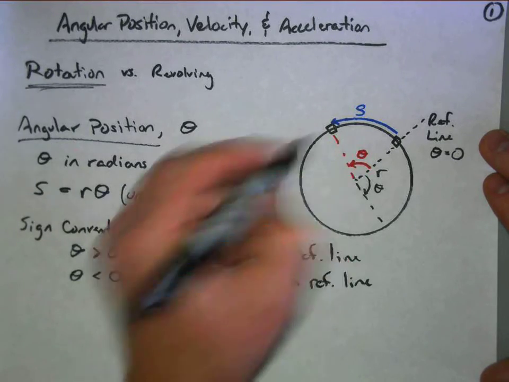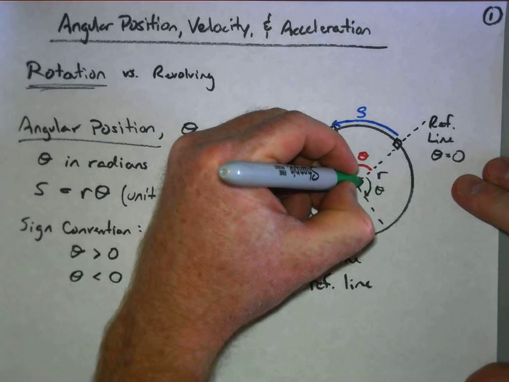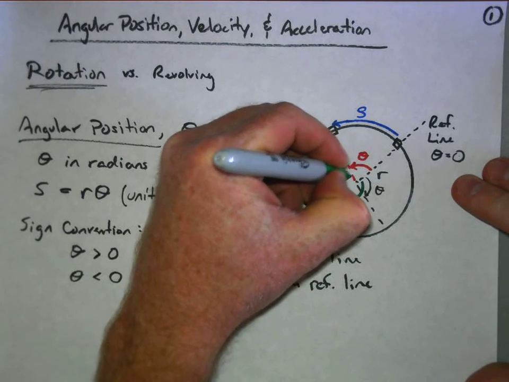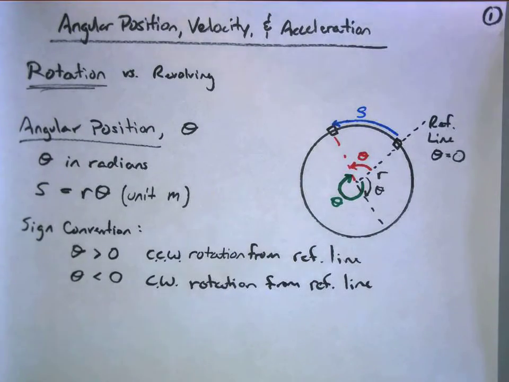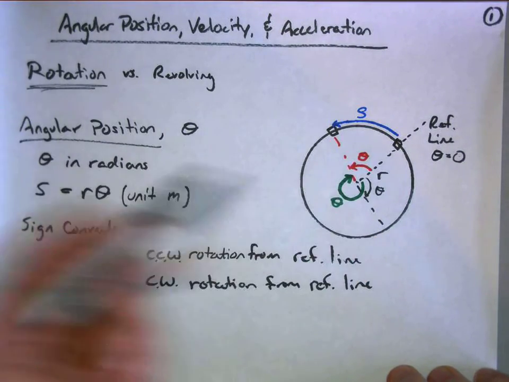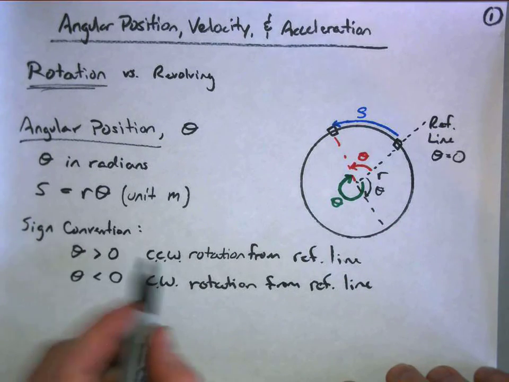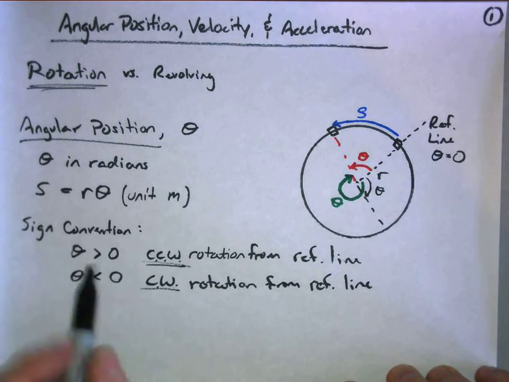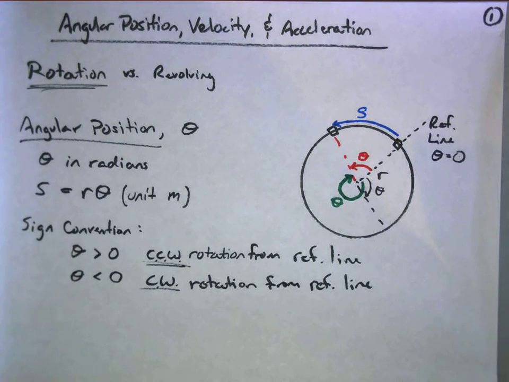But if it was rotating this way and ended up there, then theta would have a negative value, and that will matter. You can't just call it the positive corresponding angle. No. It actually will matter. This counterclockwise versus clockwise difference really is critical to what we're going to be doing with rotating objects.